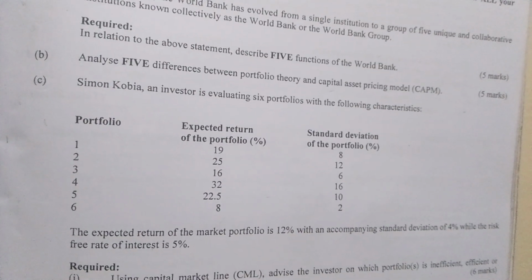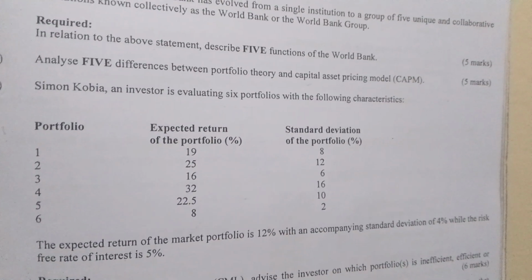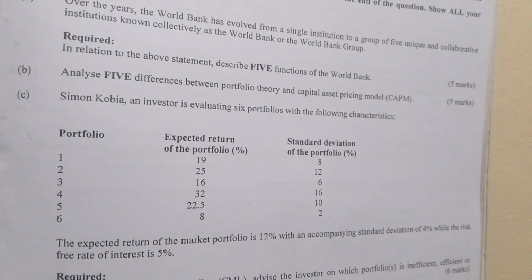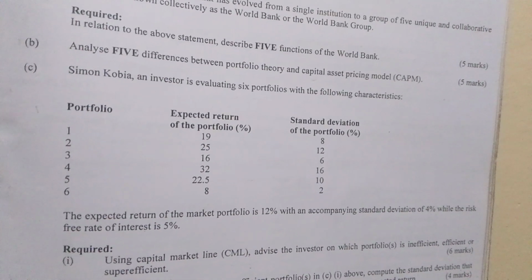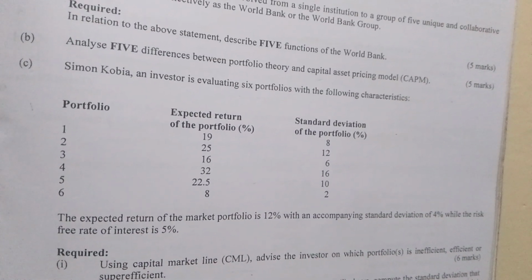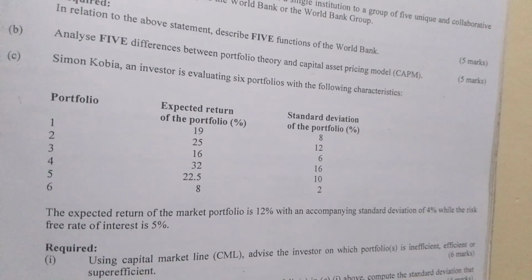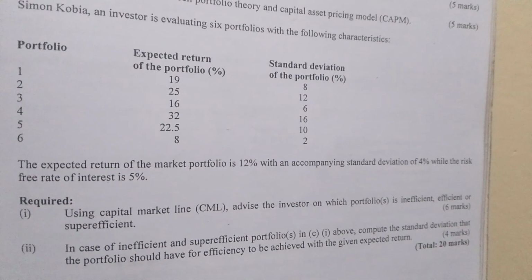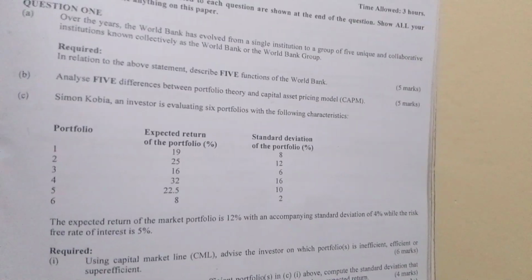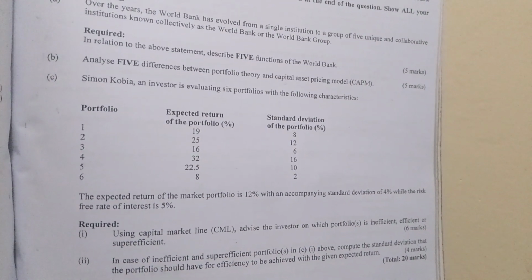Now you can attempt that question. I think you are able to see that. So you are simply going to calculate expected return using the capital market line, just like the ones that you have done. Then you compare the answers with these expected returns, to establish whether those securities are overvalued, undervalued, or correctly valued.